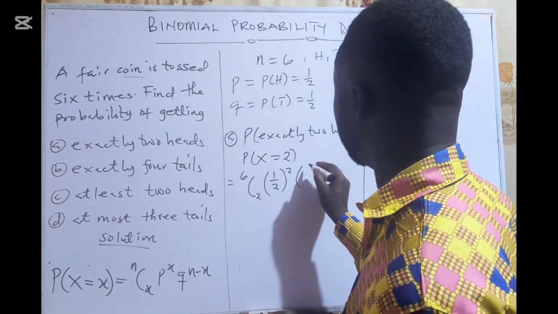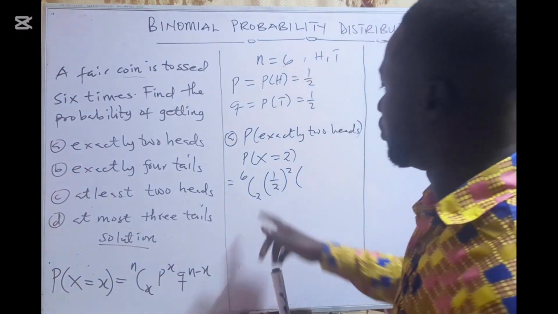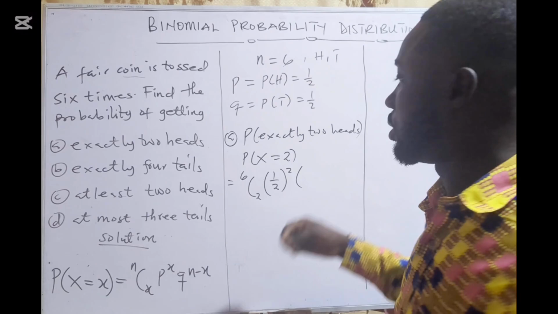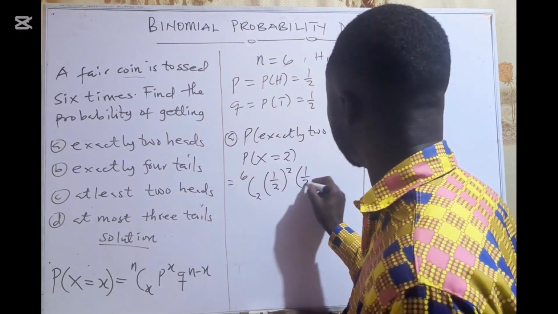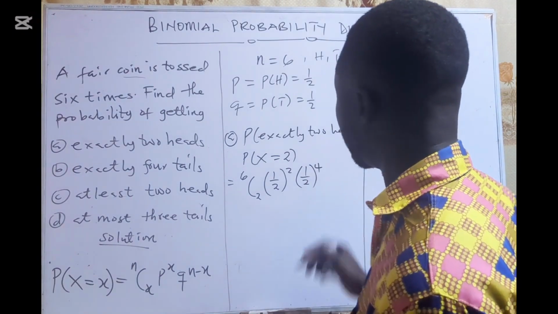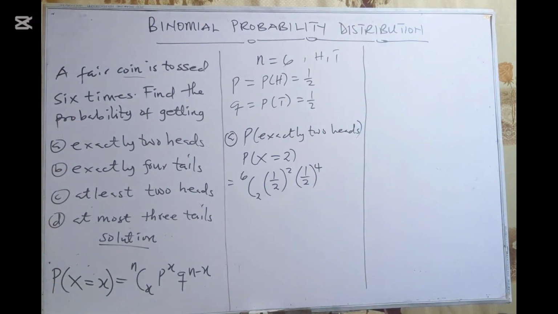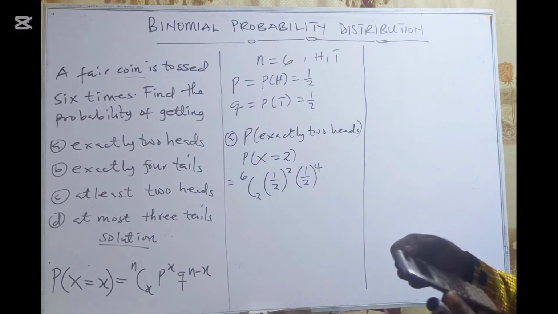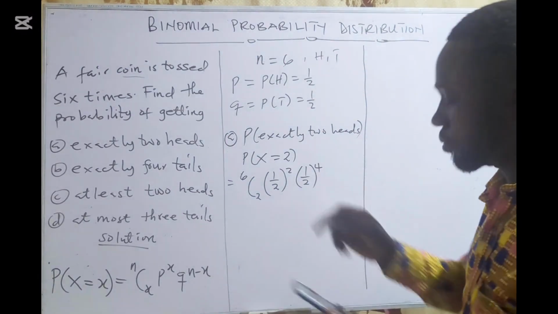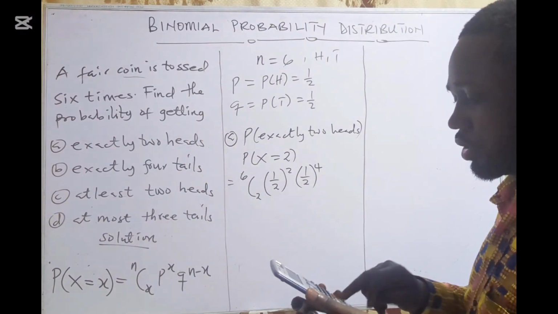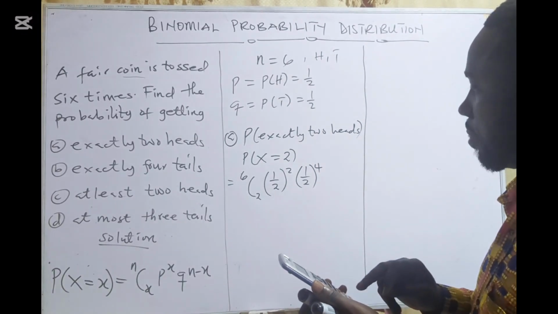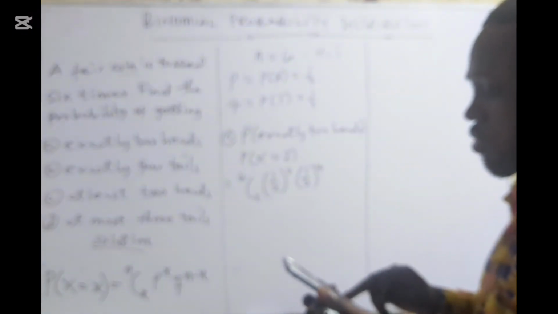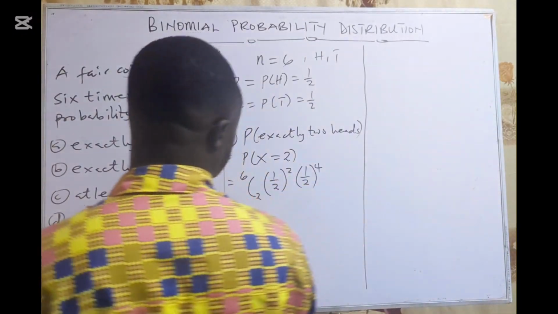Then the tail: if head is showing 2 times, then since I'm tossing it 6 times, the rest will be the tail. So the tail will show 4 times. All right. So this is what I can get. Okay. So 6 combination 2, multiplied by... 6 combination 2 is giving us 15.